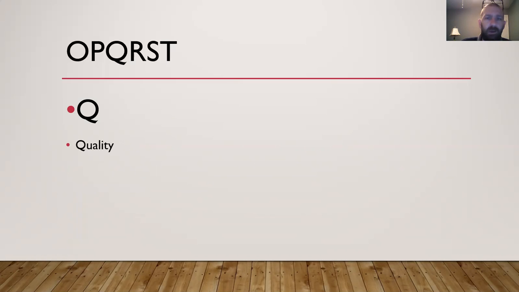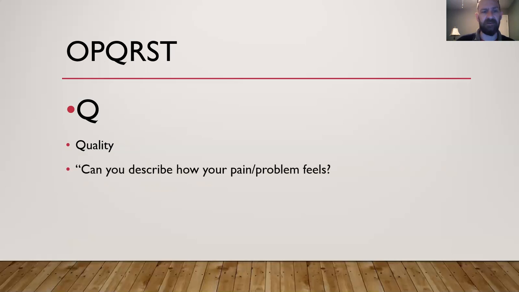When we say quality, just like with vital signs, when we want to get the quality of the pulse, remember, it's not just how fast it is, we're talking about the strength of it, the regularity of it as well. Quality, we're going to ask the patients to describe their pain or how their problem feels.